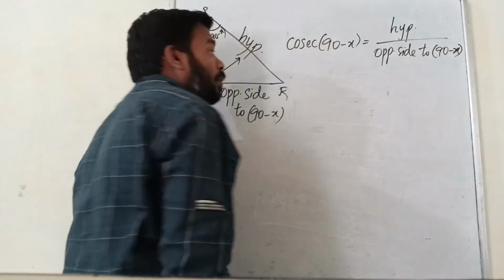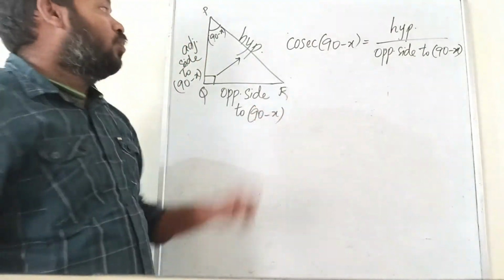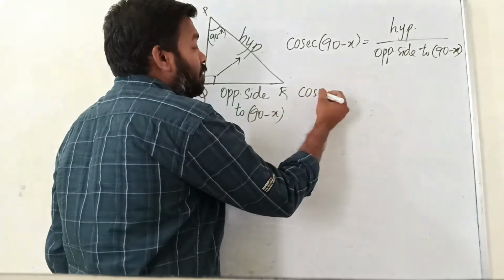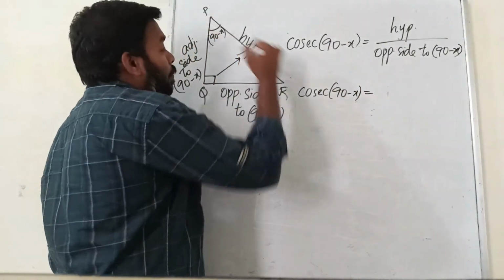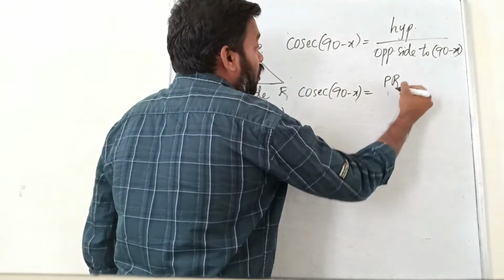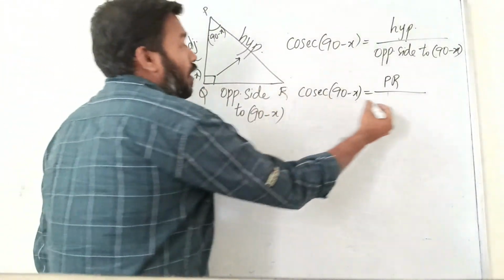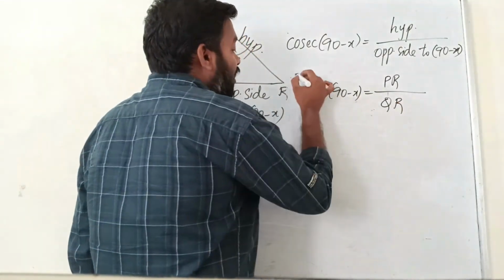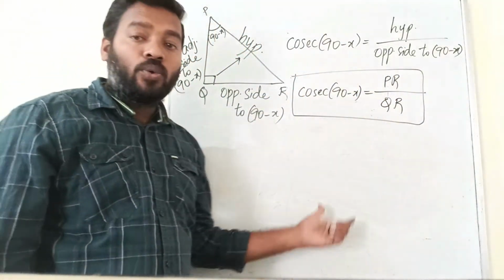So hypotenuse by the opposite side to 90 minus x. The hypotenuse is PR, the opposite side to 90 minus x is QR. So cosecant 90 minus x is PR by QR.